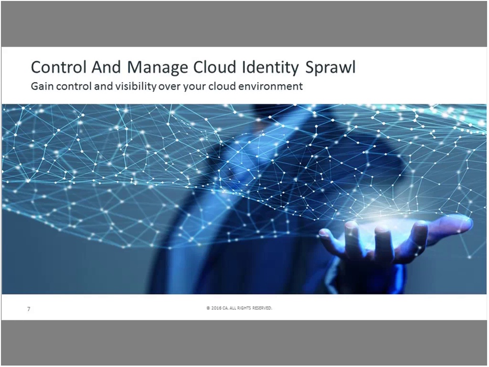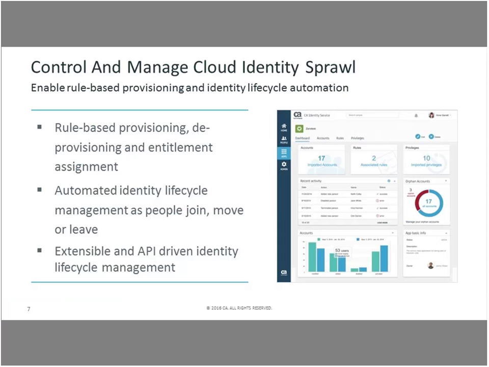And then finally, the last area that we've been focusing in on, which is really controlling and managing that cloud identity sprawl. IT organizations and security groups really do need to have this kind of control and visibility over their cloud environment, and that cloud environment is expanding on a daily basis. So by leveraging our rich bidirectional connectors, as we described earlier, it's ensuring that the right people have the right access.